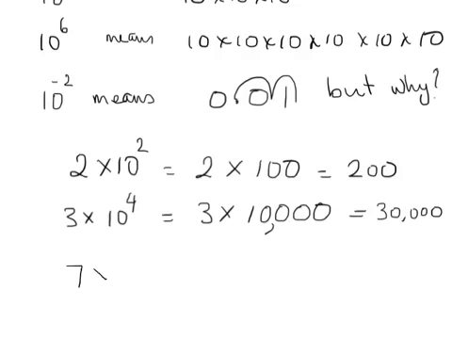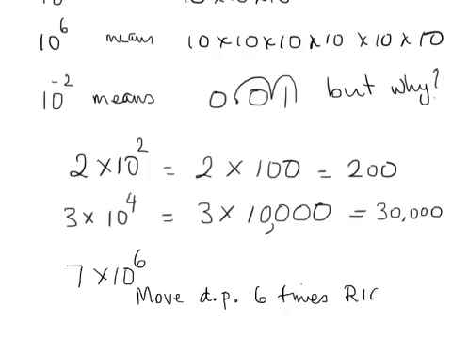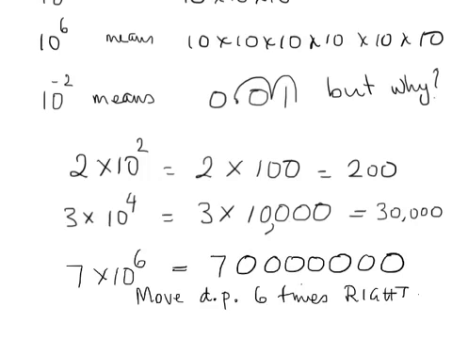If we take 7 times 10 to the 6, it means we move the decimal place 6 times to the right. But how do we move it to the right? Well, we can't unless we've got noughts there. So it starts off at 7 and it goes to the right 6 times. 1, 2, 3, 4, 5, 6. So it would be there.